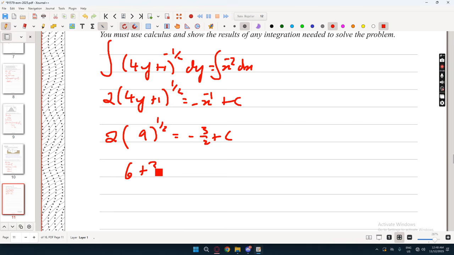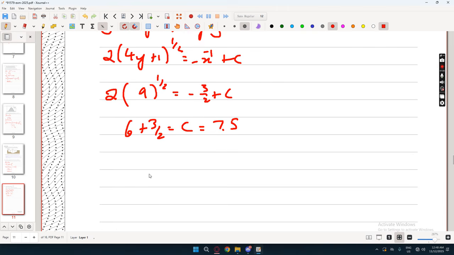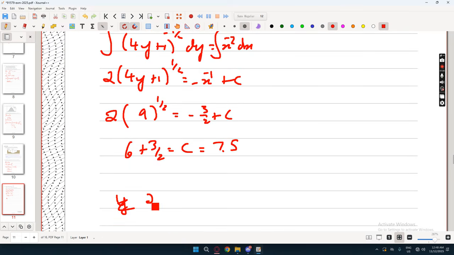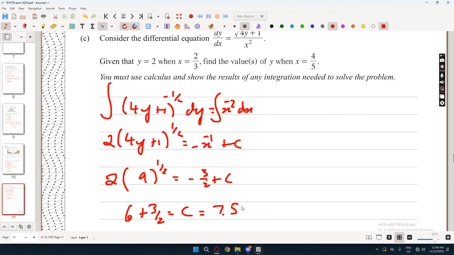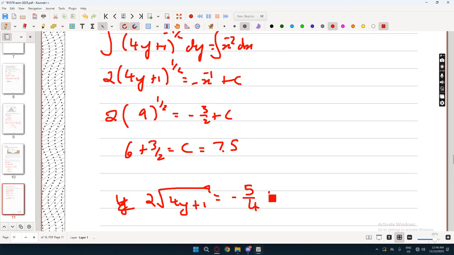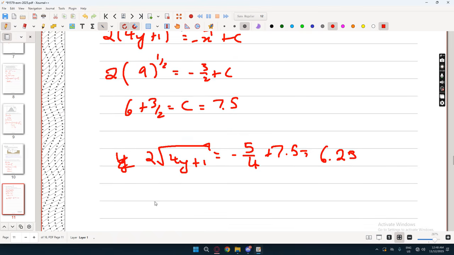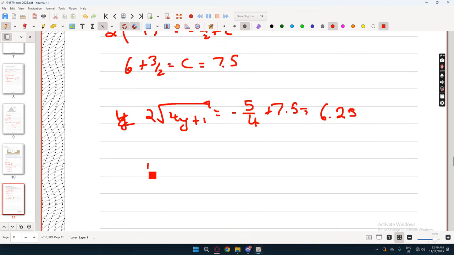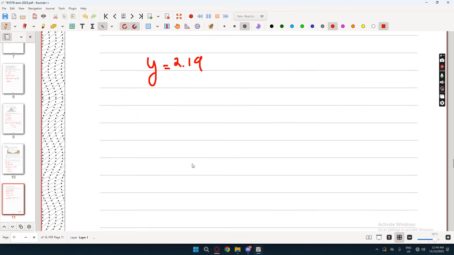That's 6 plus 3 halves equals c, so c equals 7.5. So we have 2 lots of square root of 4y plus 1 equals minus 5 fourths plus 7.5. 7.5 minus 5 fourths is 6.25. Divide by 2, 3.125. Square that, minus 1, and divide by 4, and you get y equals 2.19.